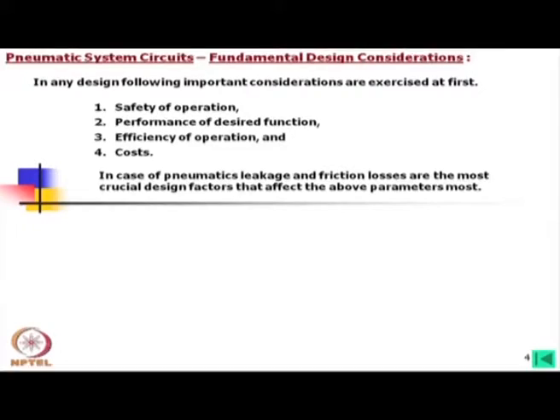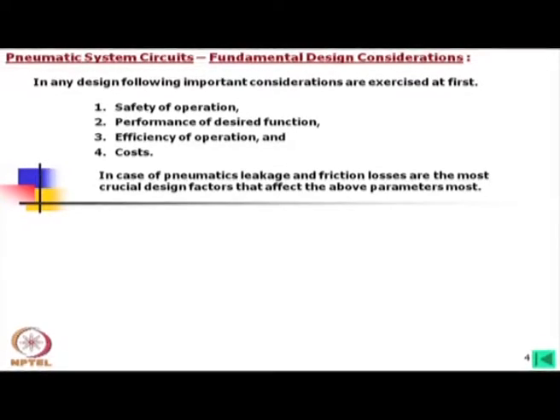That means, to minimize, for example, the cost factors, we have to make the system as leakage free as possible. But in pneumatic systems, although sealings are used, there is still a possibility of leakage.